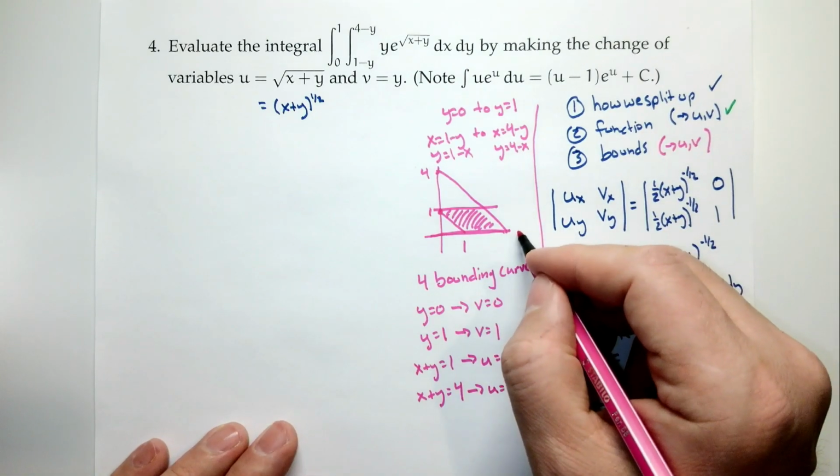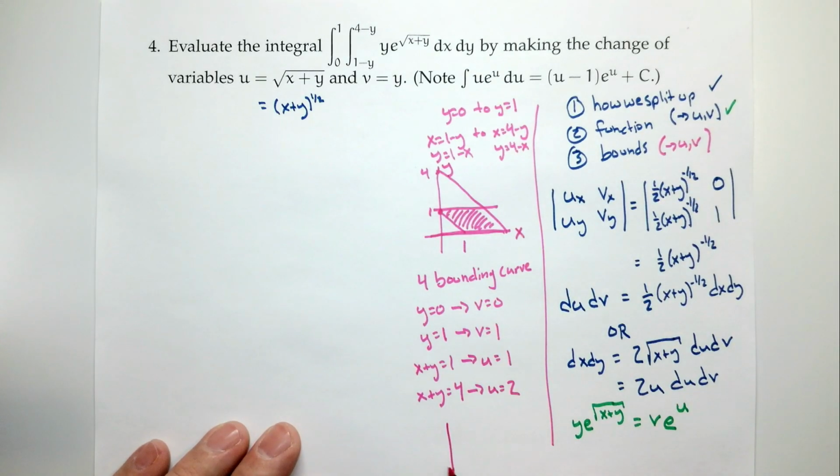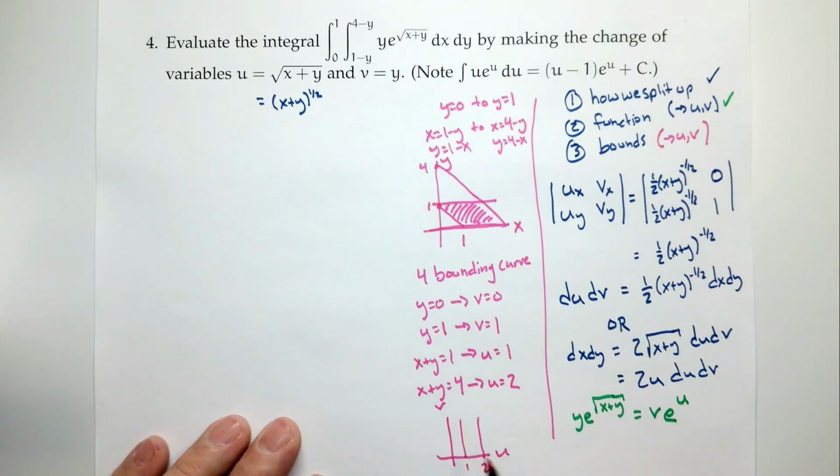So this here is the x, y plane. In terms of the uv plane, we're going to go from u equals 1 to 2, and v equals 0 to 1. So it's a nice little rectangle, easy to describe.